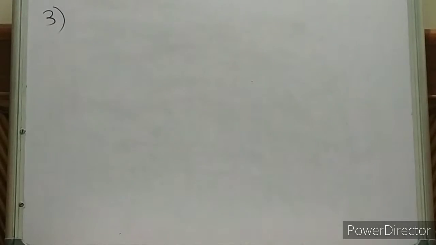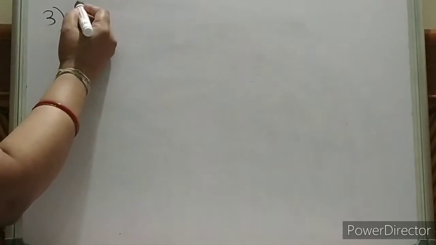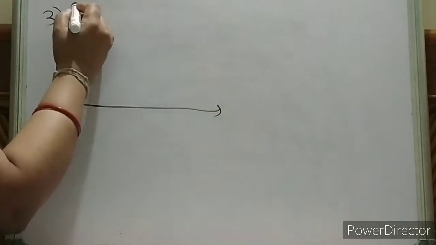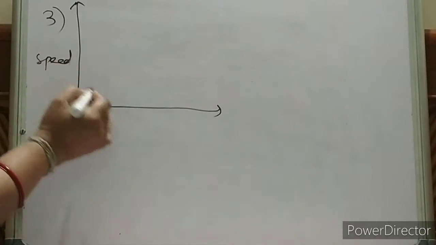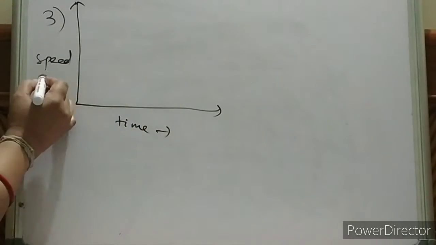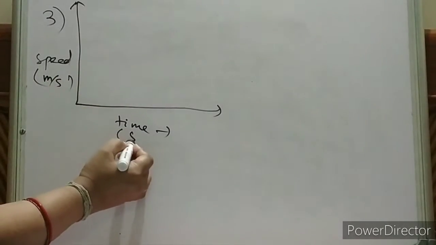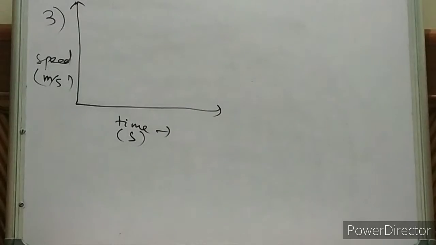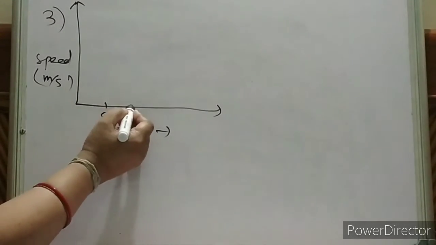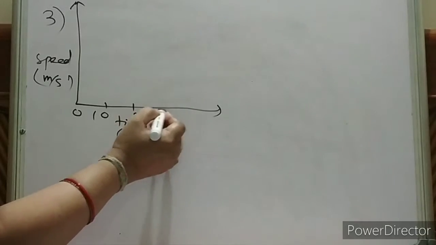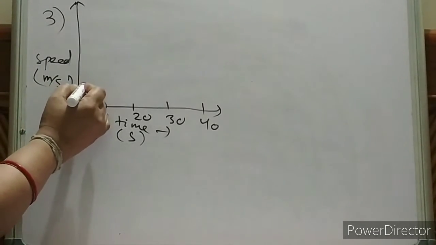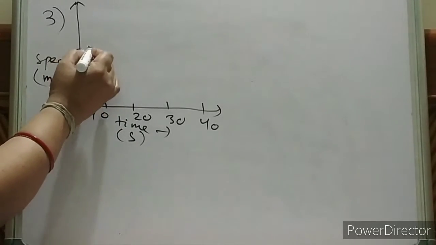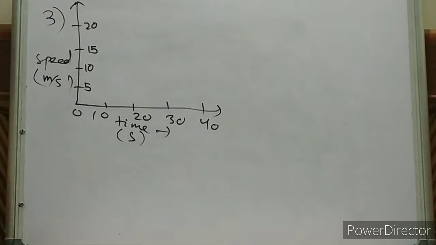Now question number 3. This is a speed time graph. This is given in the question children. Speed versus time. Speed in meter per second and time is in second. Here it is given 0, 10, 20, 30, 40 like this for time, and here it is given 5, 10, 15 and 20.